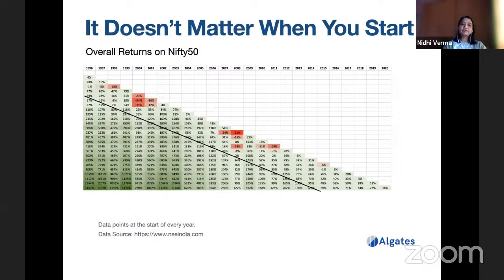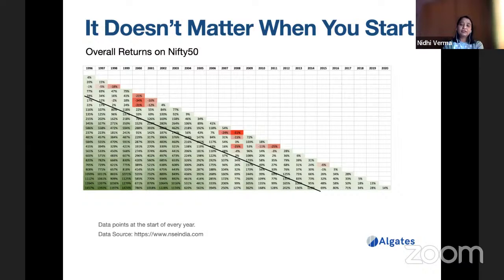So if you see the first column, which is the year 1996, if you invested in, say, 1995, then at the start of 1996, if you just invested in Nifty, your money would have grown by 4%.